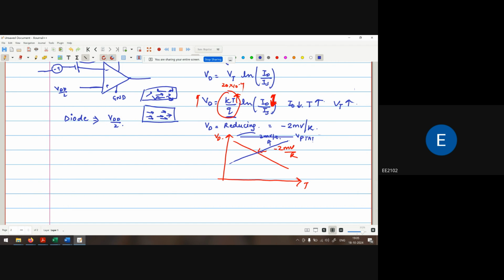For this reason, we go to the bandgap voltage concept.